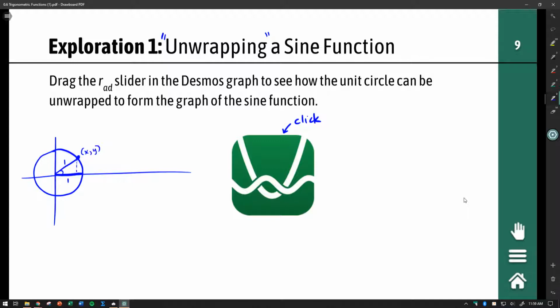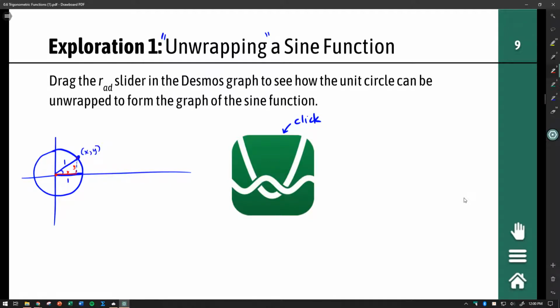And that means then that, I'm going to go to a different color, from the origin over to where that altitude dropped is x. And then from the line up to the point is the length of y.